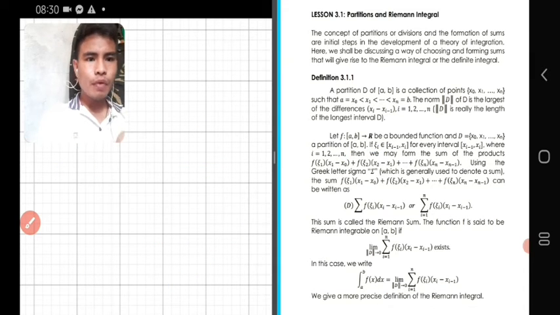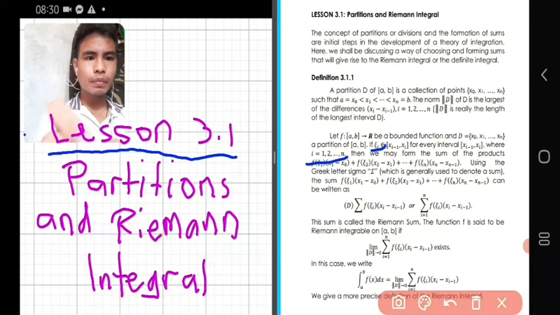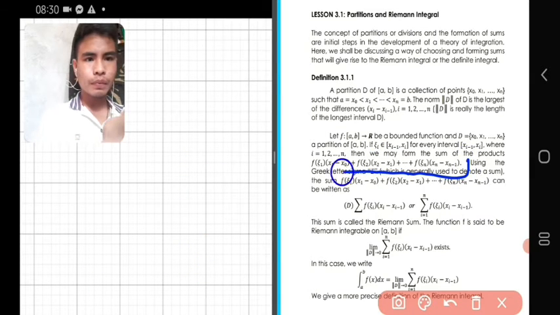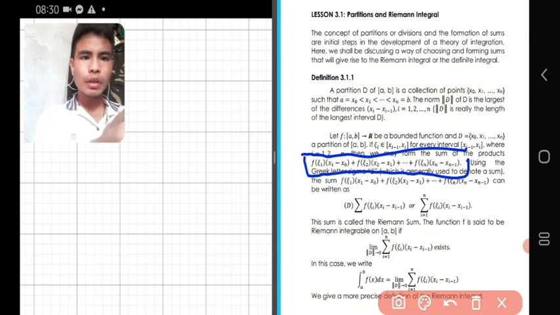Then we may form the sum of the products: f of chi sub 1 times the difference x sub 1 minus x sub 0, up to f of chi sub n times the difference x sub n minus x sub n minus 1.